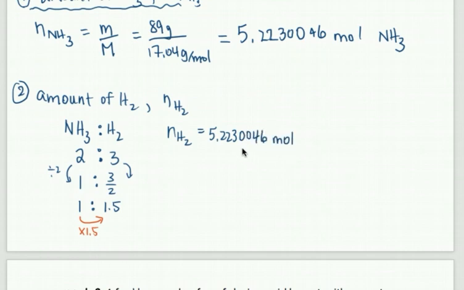Okay, so you're going to take that and you're going to multiply by 1.5. Okay, so when you do that, you will get the moles of hydrogen. Okay, so that ends up being 7.83, etc. Like just again, just keep it in your calculator. On paper, just write down a few digits here. Okay, so now you know the amount of hydrogen.